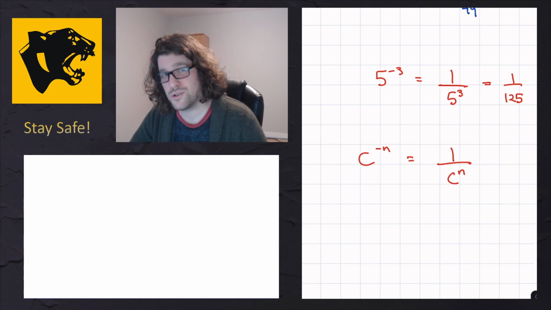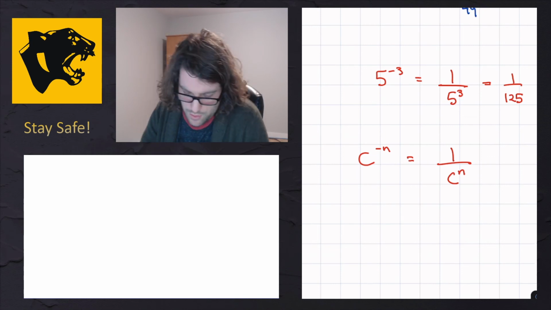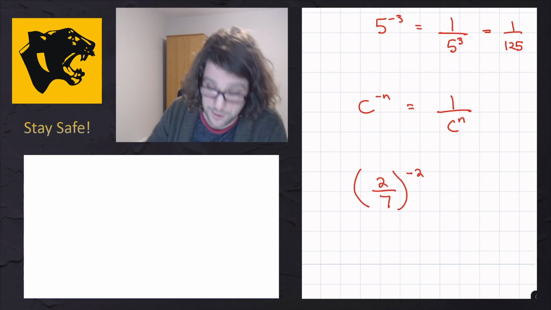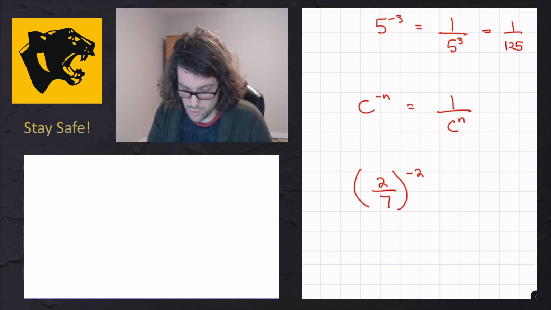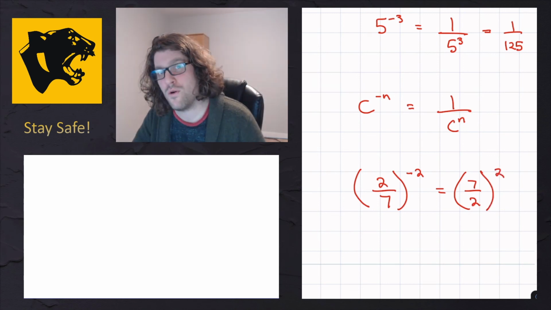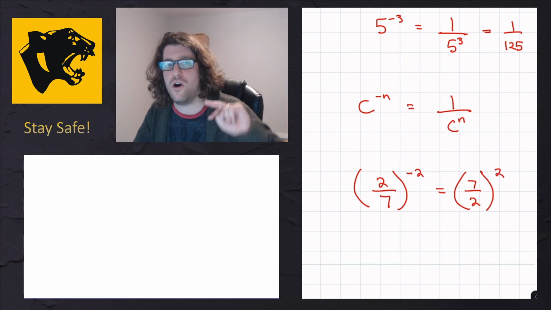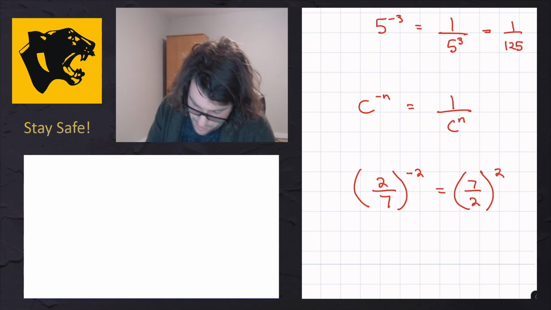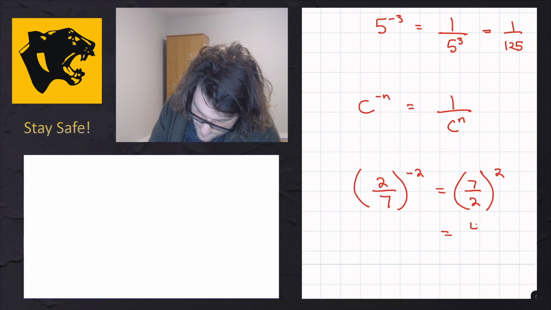So this is also true for fractions. If we have a fraction like 2 over 7 to the power of -2, the negative is going to flip. So first it becomes 7 over 2, still to the power of +2, because all the negative does is do the reciprocal. It does the flip. So we would have 7 times 7 is 49, and 2 times 2 is 4.